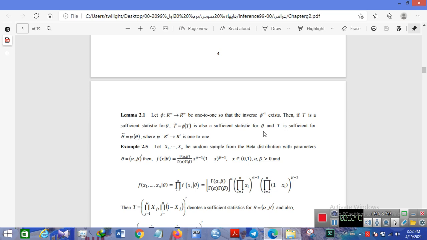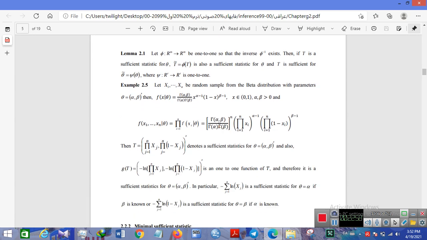So if we have a sufficient statistic, we have a family of sufficient statistics, not only one sufficient statistic. Look at the next example.